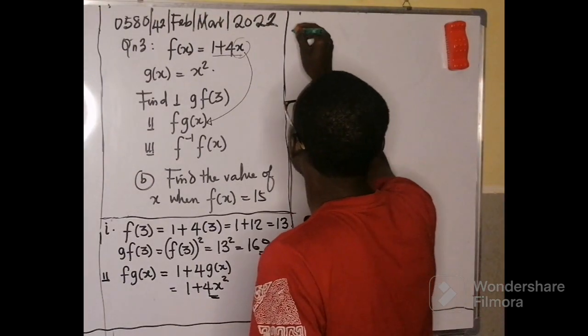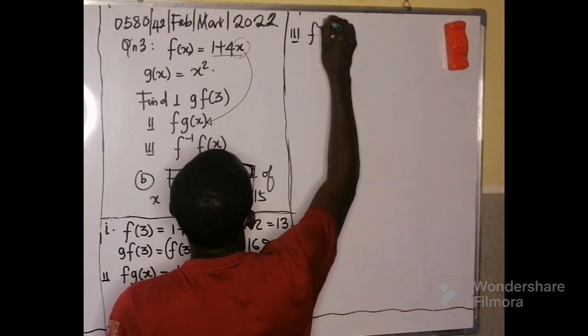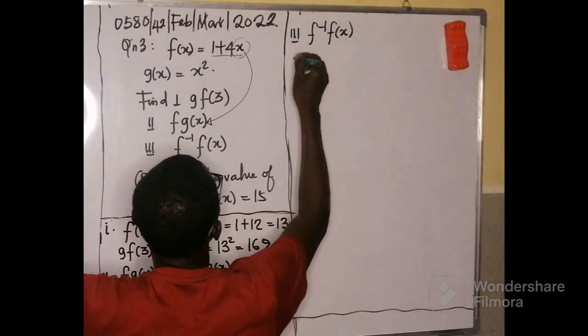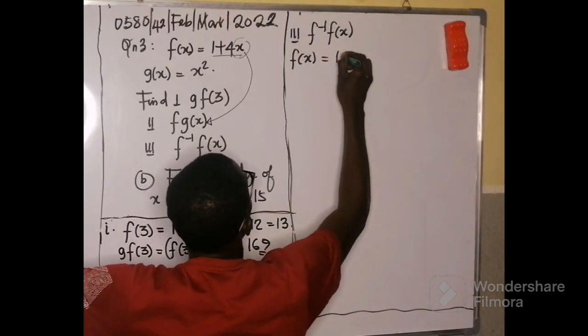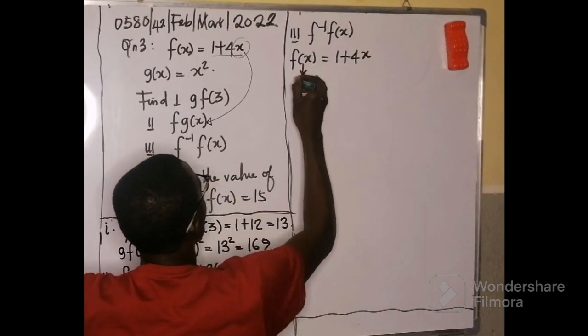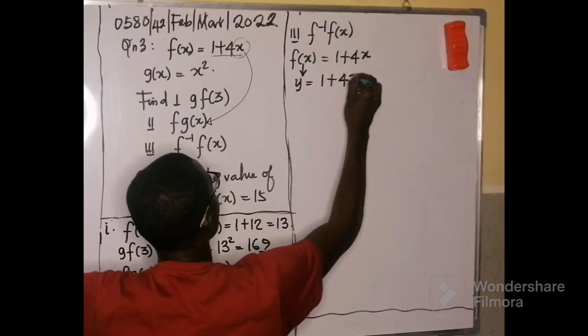So let's go to the third one. The third question is f inverse of f of x. Now, before we get this, we need to get the f inverse of x. But f of x is 1 plus 4x. And I told you under inverse that you make this y equals 1 plus 4x.